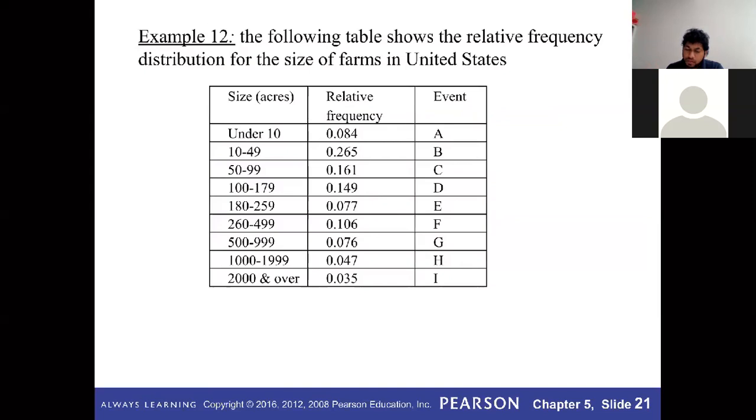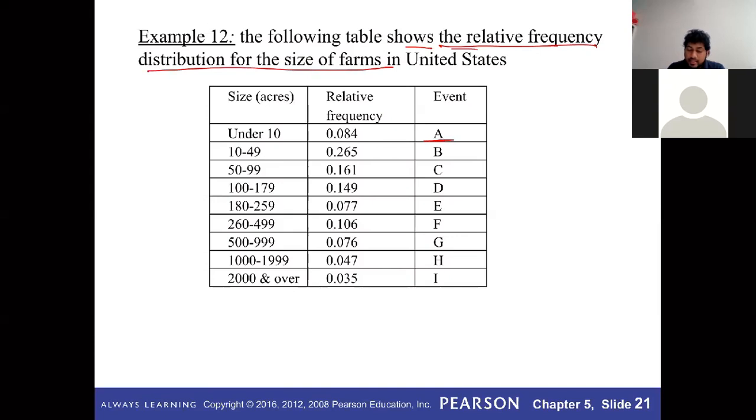So the relative frequency distribution of sizes of farms in the US. They have mentioned sizes, their relative frequencies, and the events.